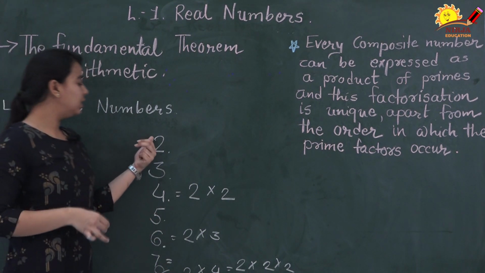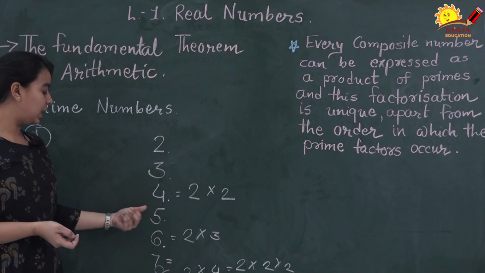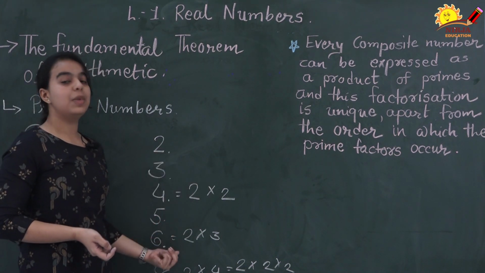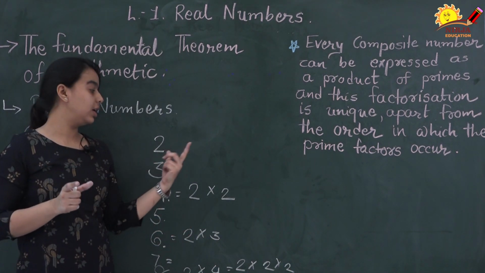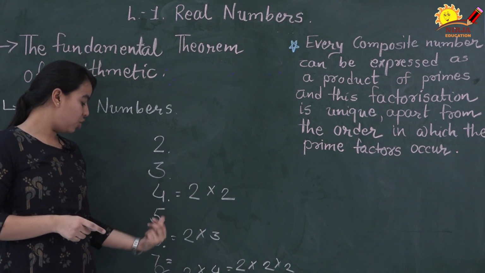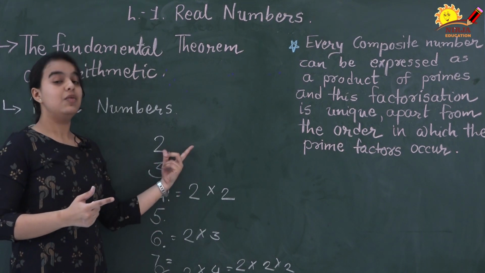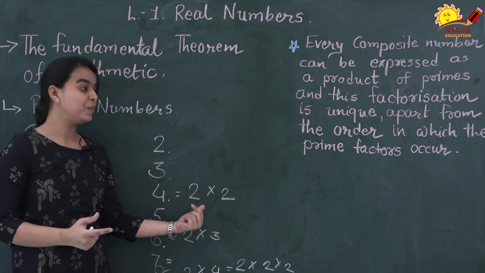So, here one thing that we need to notice is that in the case of 2, 3, 5 and 7, these numbers we cannot express as a product of smaller prime numbers. But in the case of 4, 6, 8, 9, also 10 and many others, we can express the number as a product of its prime factors.